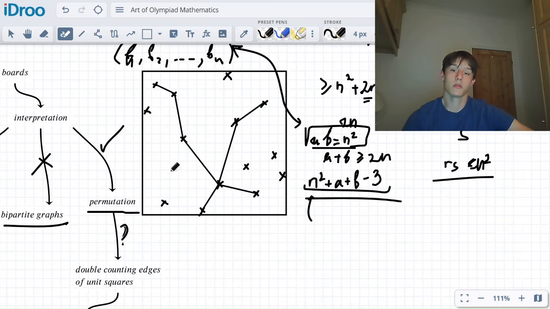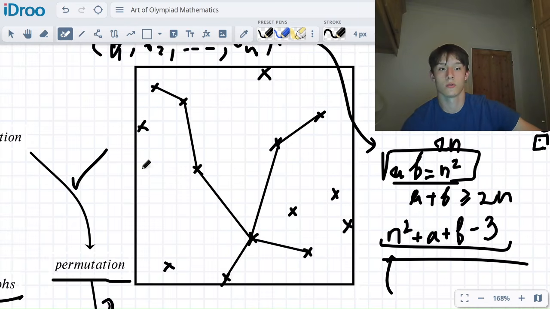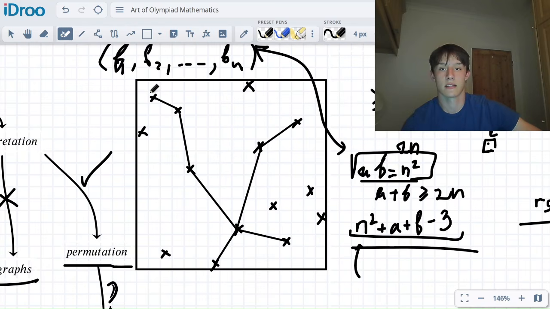And now, when you look at this, you do know that one chain is A long, the other is B long, and what we guess is that we want to add one more edge to every square here. And these ones also have to be included, so there's at least one edge.